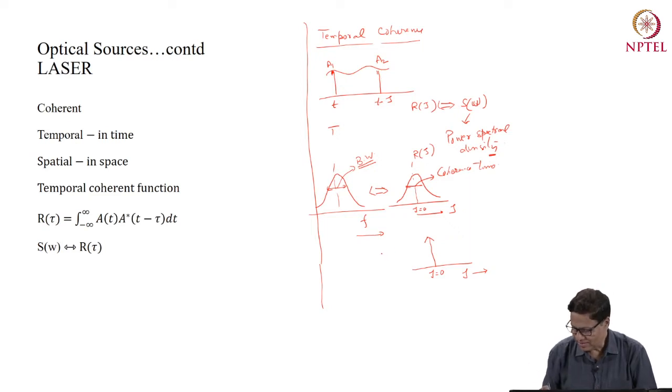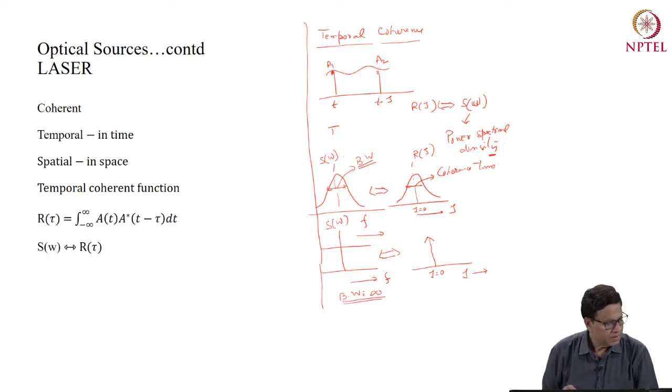And if I take the Fourier transform of such a thing, it basically gives you a flat response. That is, this is f, and this is S omega. So the bandwidth is actually infinite. And which means the source is incoherent in time.